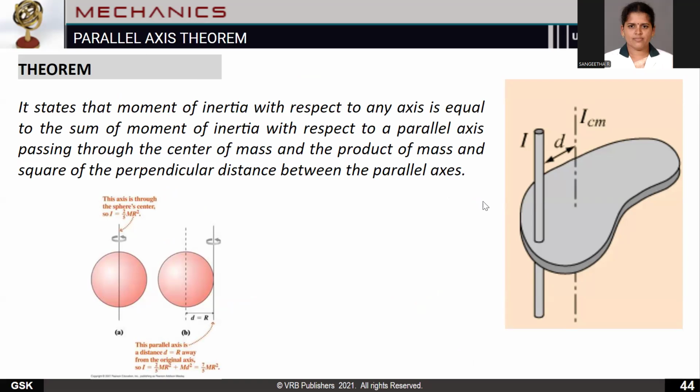The moment of inertia with respect to any axis is equal to the sum of the moment of inertia with respect to a parallel axis passing through the center of mass and the product of mass and the square of the perpendicular distance between the parallel axes. This is the statement of the parallel axis theorem.